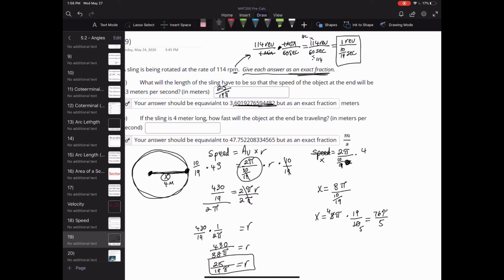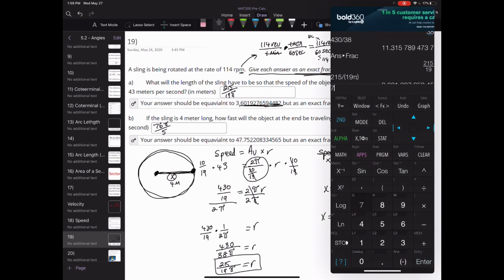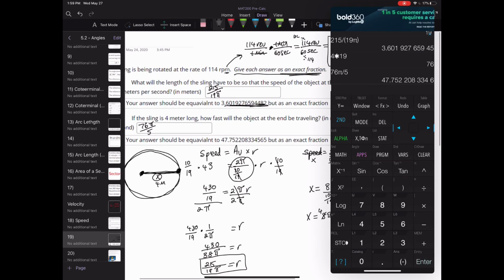Don't forget the pi. 5 over 5. And that should be in meters per second. 76 pi over 5. Let's check it and see if we get that crazy decimal. 76 pi divided by 5. And you can clearly see that it's the same number.